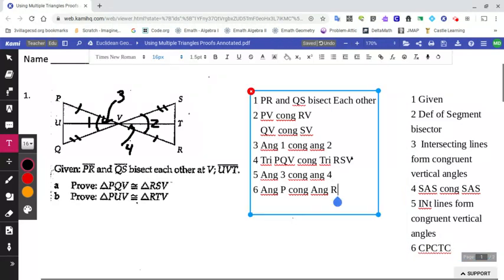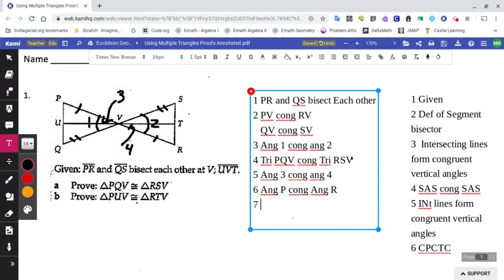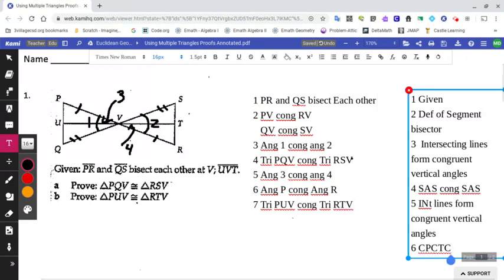Now I've got all the parts I need. 7, triangle PUV is congruent to triangle RTV, and I showed that using ASA. So that's that one.